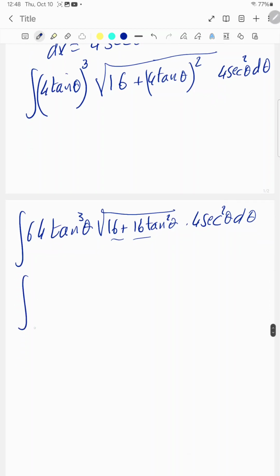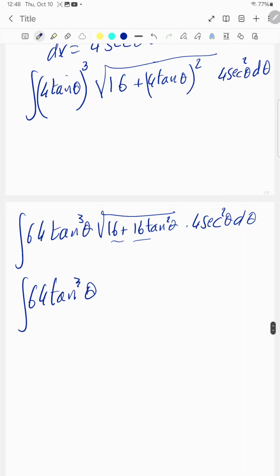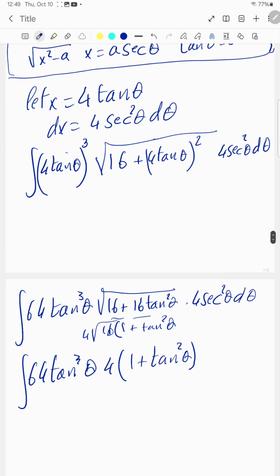So my integral becomes 64 tan to the power of 3 theta, and if I factor out 16, I can take it outside the square root as 4, and I kept inside the square root 1 plus tan squared of theta. And then I have 4 sec squared of theta d theta.